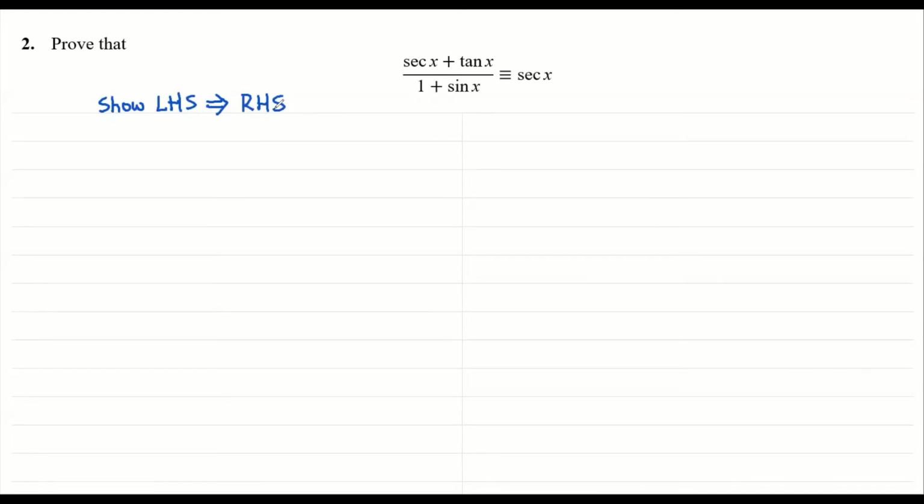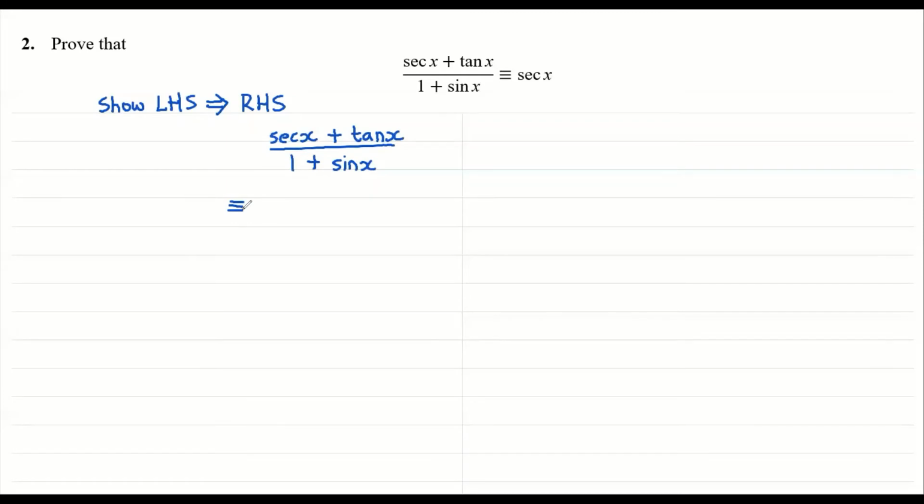So we've got sec x plus tan x divided by 1 plus sine x. Okay, now what can we do next? Well, the interesting part about this is we're mixing up reciprocal trig functions and ordinary trig functions. But remember what I said in the previous example.